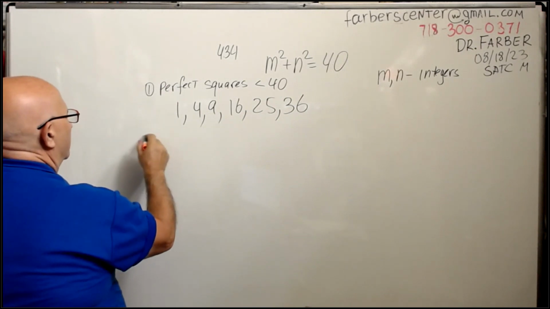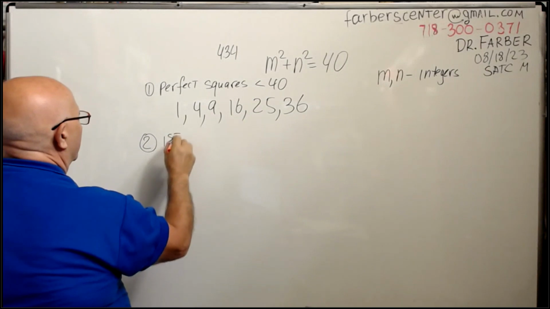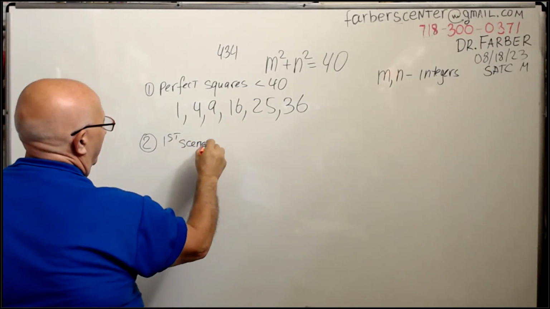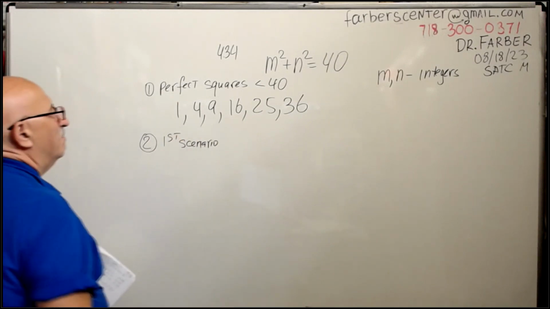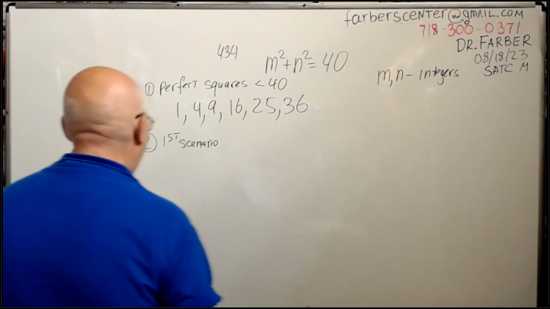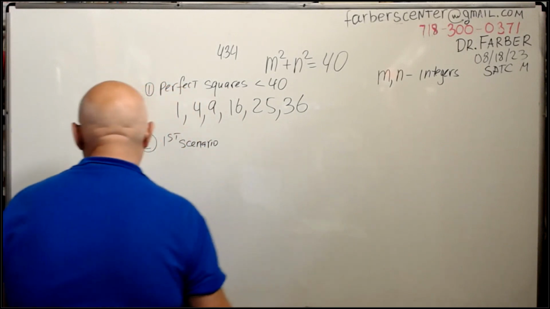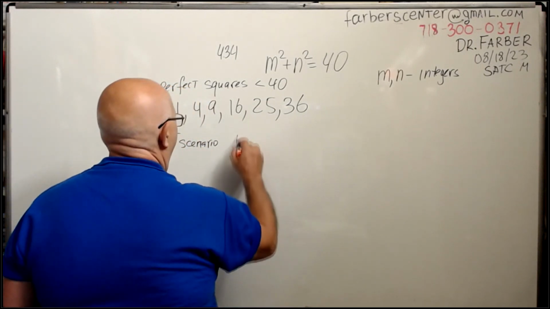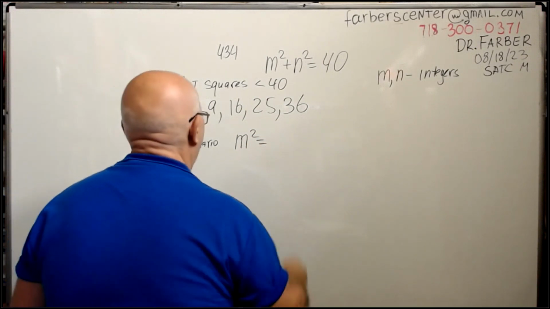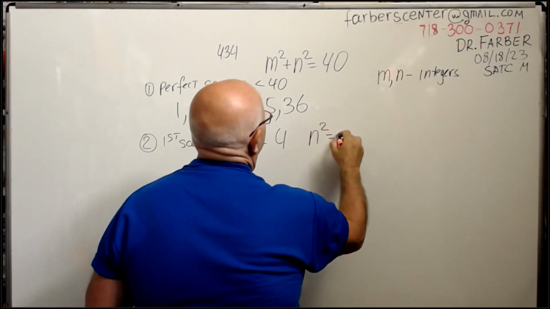Step number 2. The first scenario, or the first way. We have 2 variables, m and n. Either m squared equals 4 and n squared equals 36.